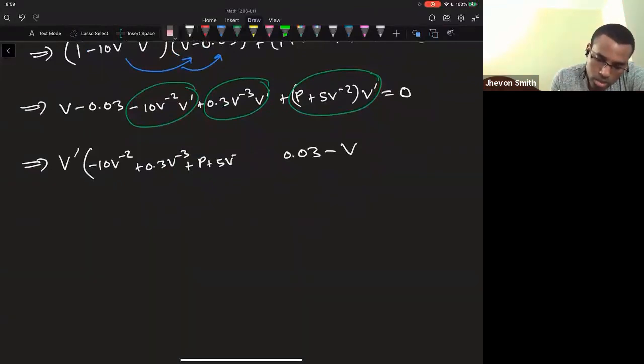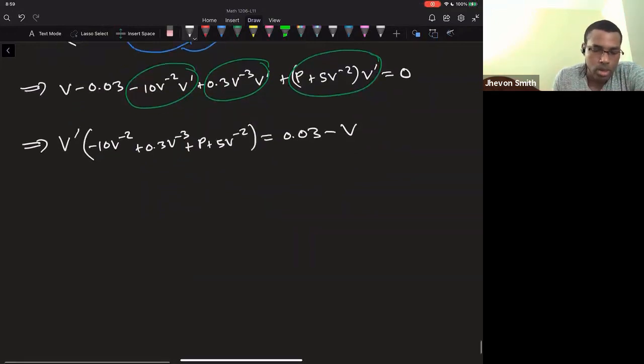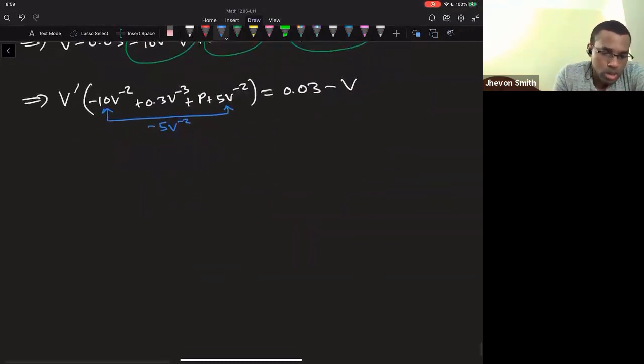Kind of got very sloppy right now. 5V to the minus 2, which these guys can combine. I think these two here can combine. That's minus 5V to the minus 2.